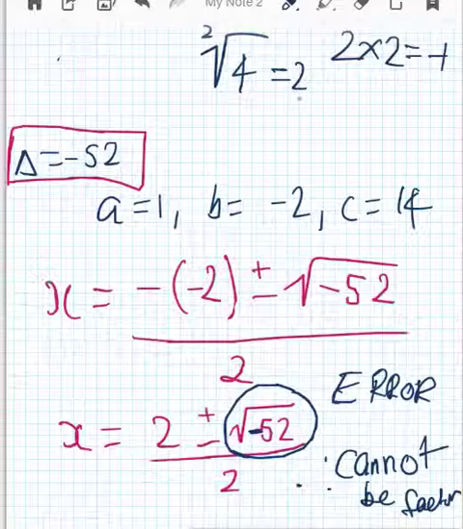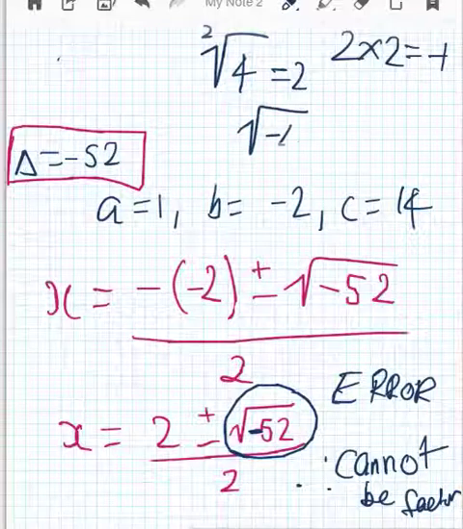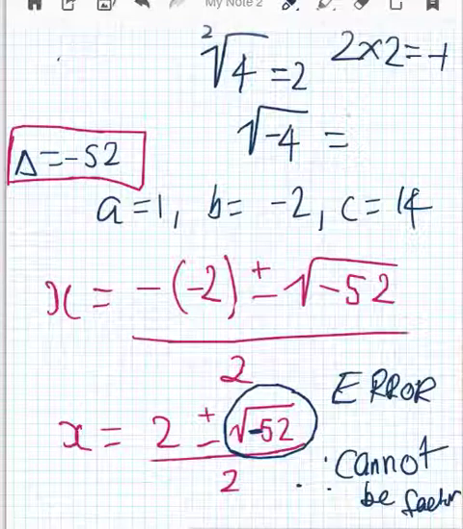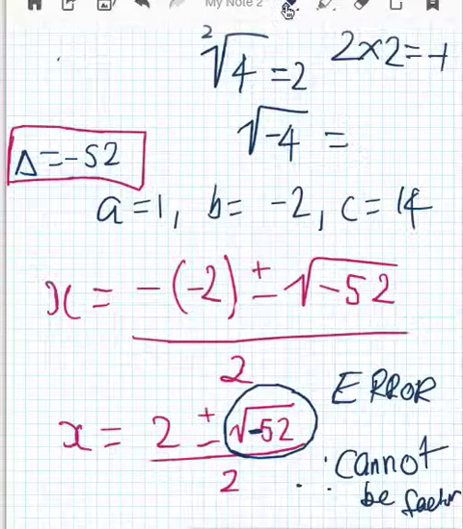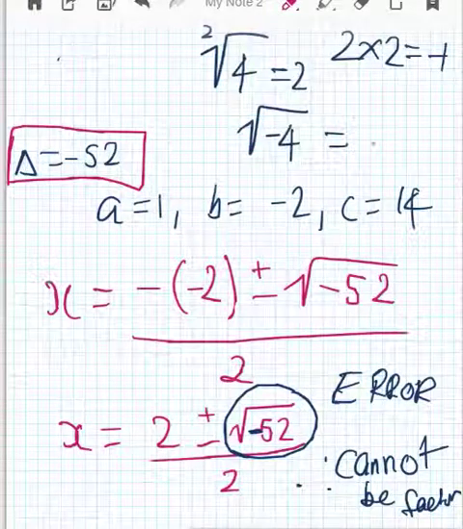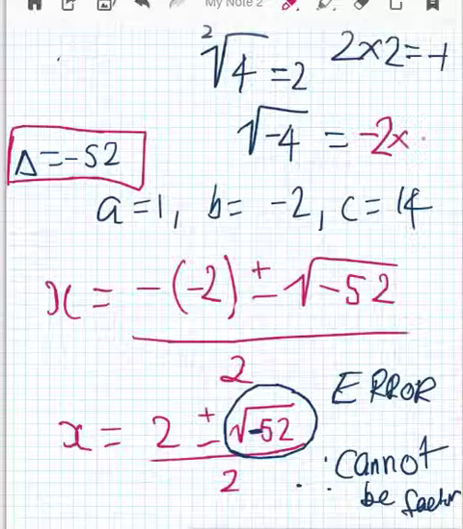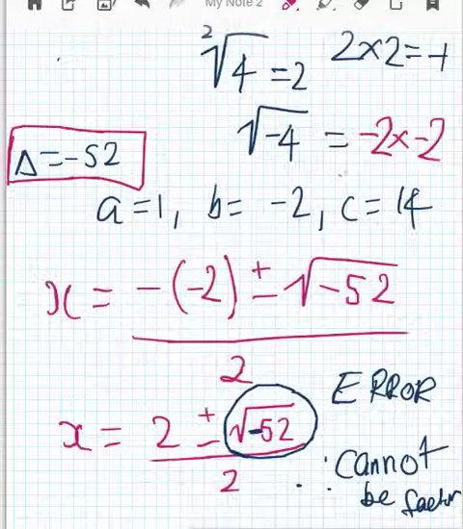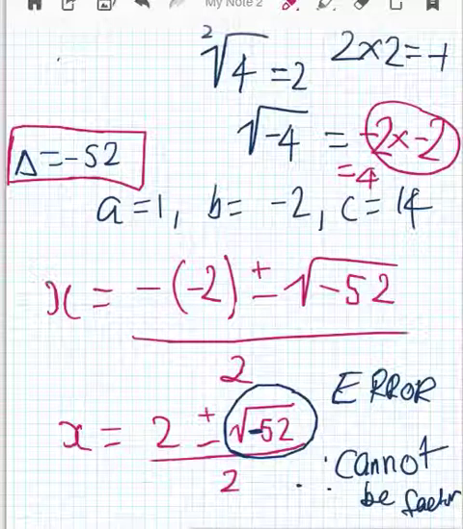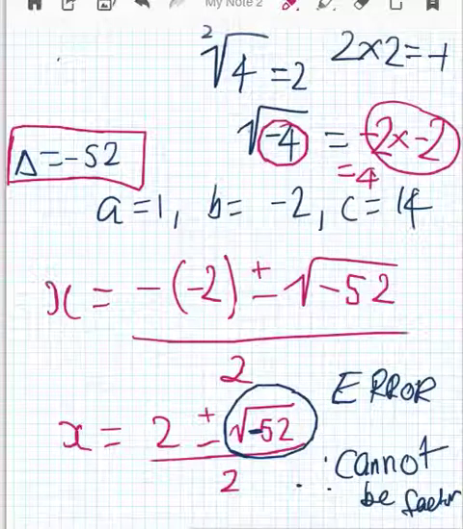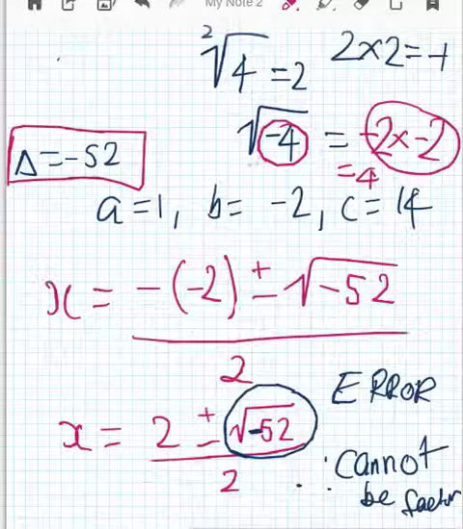If I had a negative 4 in there, is there a number times itself twice to give us negative 4? Remember, it has to be the exact same number. So if we say, what about negative 2 times negative 2, two negatives make a positive. So it's impossible to ever get a negative 4. That's why whenever you have a square root of a negative, it gives you an error.